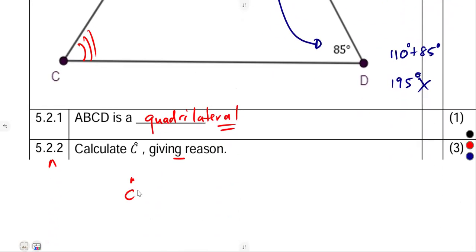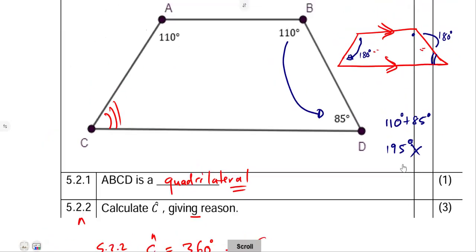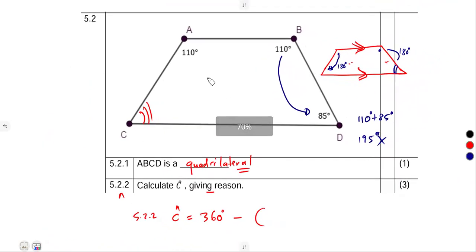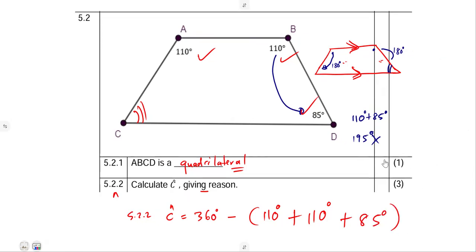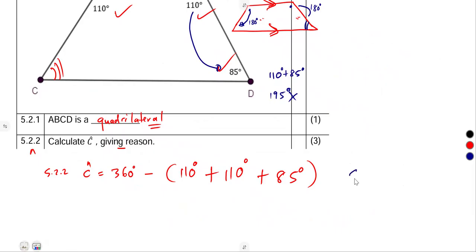Angle C on question 5.22 is equal to 360 minus the three angles inside the quadrilateral: 110, 110 again, and 85 degrees. That's angles in a quadrilateral, sum of angles in a quadrilateral.